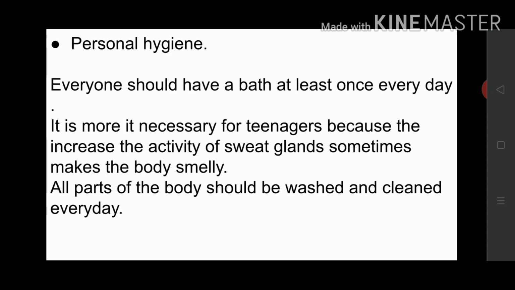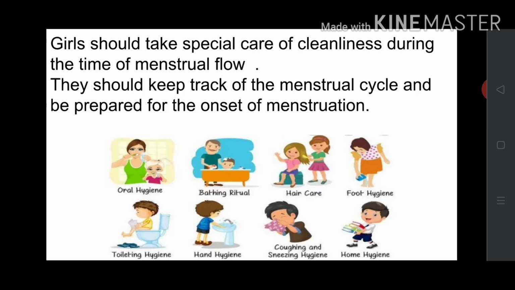If cleanliness is not maintained, there are chances of catching bacterial infection. Girls should take special care of cleanliness during the time of menstrual flow. They should keep track of their menstrual cycle and be prepared for the onset of menstruation.